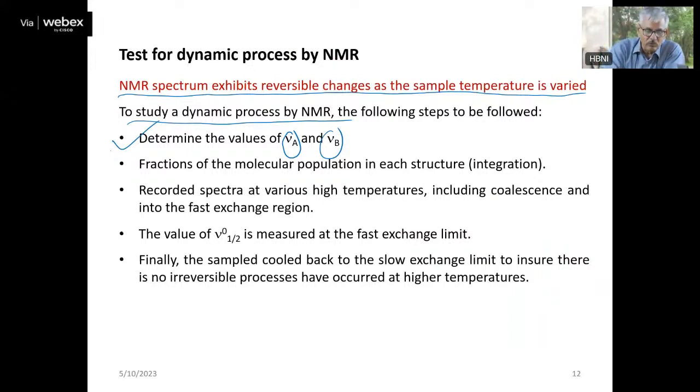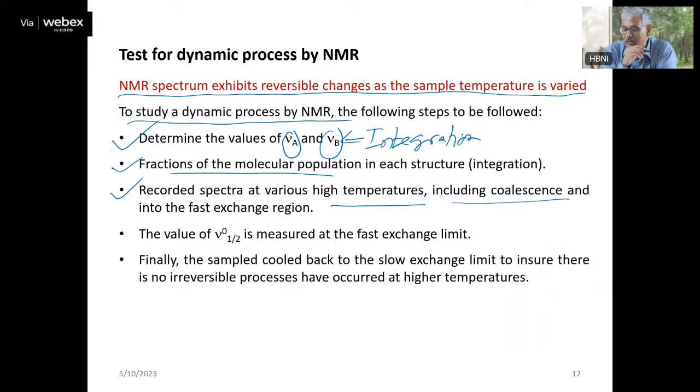Then you record the spectra, and the populations can be found from the integration of these peaks. Then record spectra at various higher temperatures, including the coalescence and into the fast exchange regime. So you have to keep on increasing the temperature until you go from the slow regime to fast exchange.